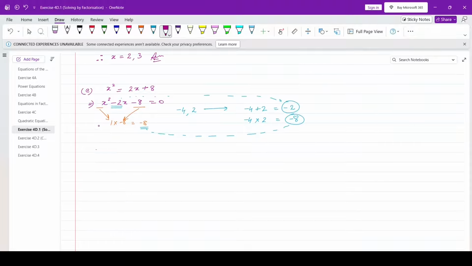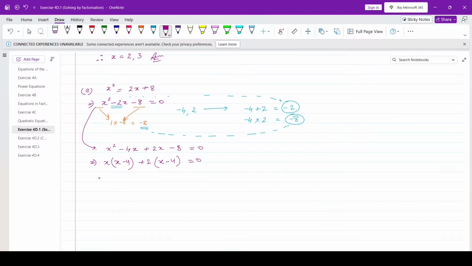Therefore, we can rewrite this equation x square minus 4x plus 2x minus 8 is equal to 0. Taking x common from the first half, x into x minus 4 plus 2 into x minus 4.